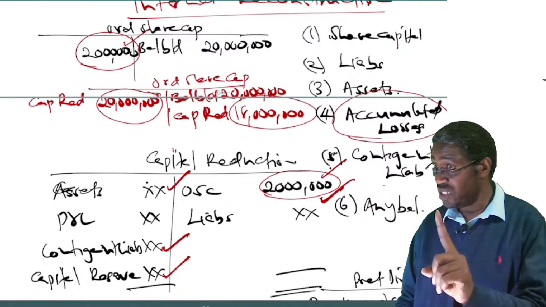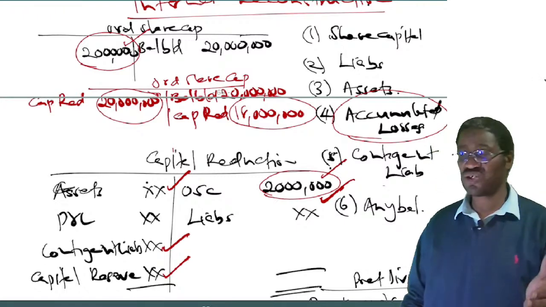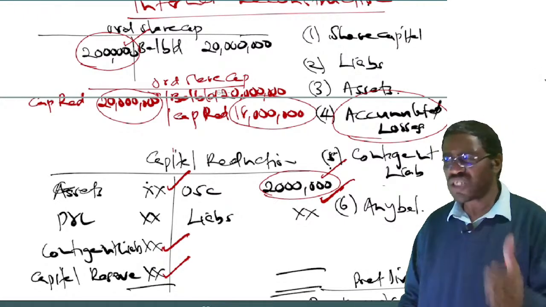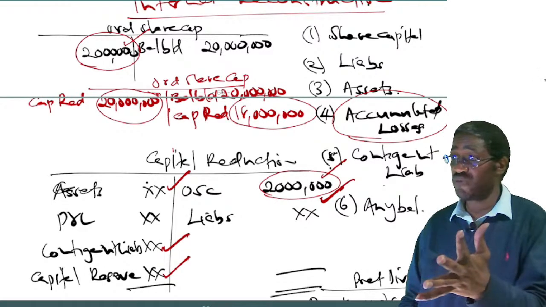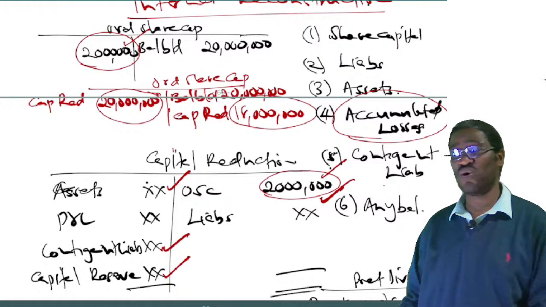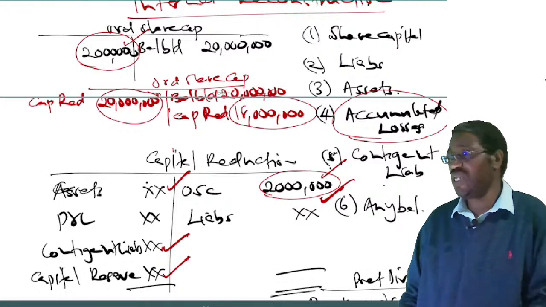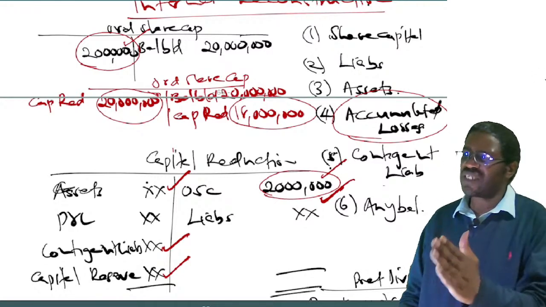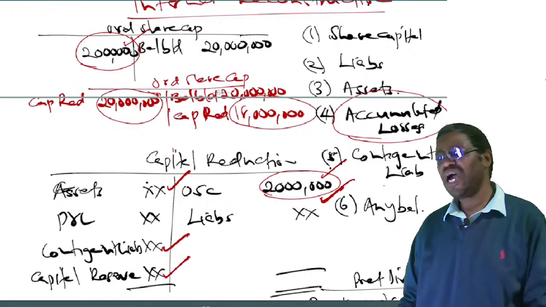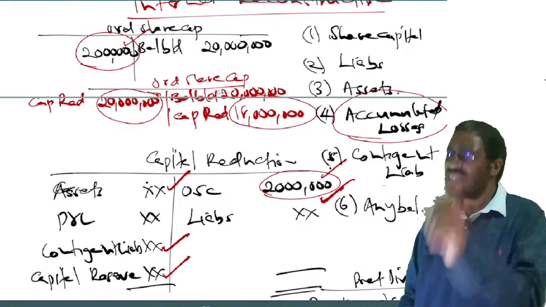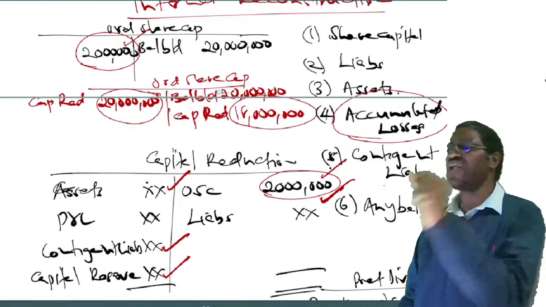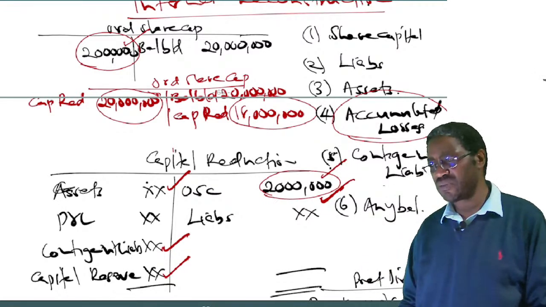Why? Listen, before reconstruction, we did not have that liability in the books. The dividend that we owe to the preference shareholders was not in the books at all. We were assuming 6 million. But the moment I start reconstructing the company, I have to crystallize that liability of 6 million, by debiting capital reduction and crediting contingent liability.